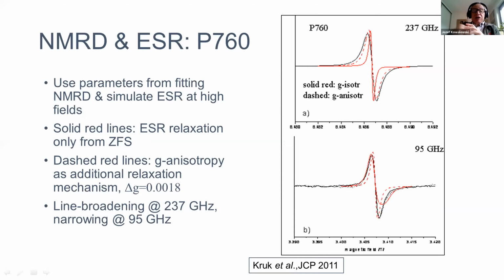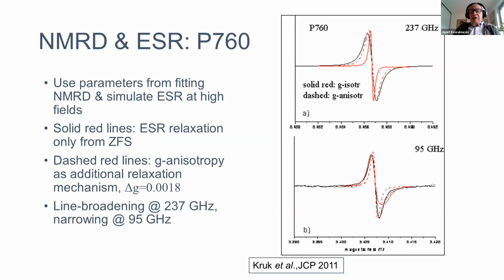We first used a contrast agent, again a gadolinium compound. We fitted the data using NMRD, which we are more familiar with doing, and then we simulated ESR at high field. Here the black line is experimental data, and the red lines are calculated, simulated data.